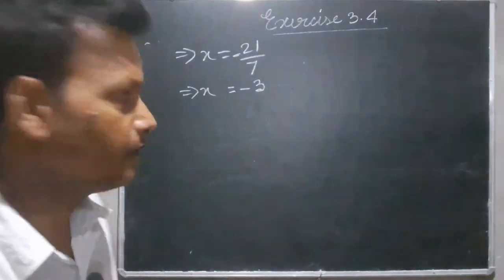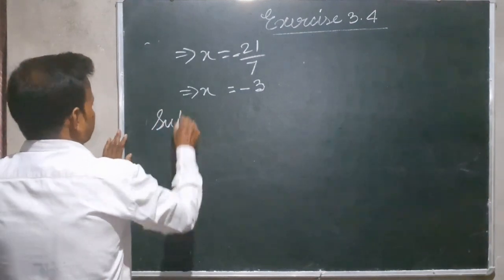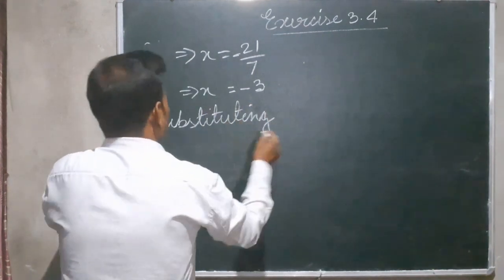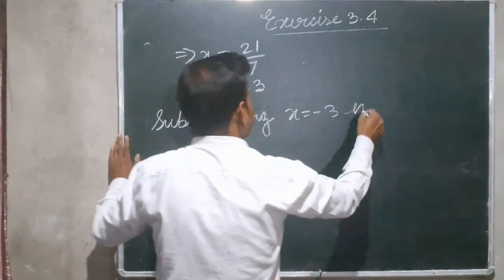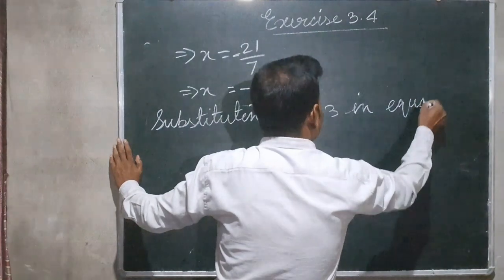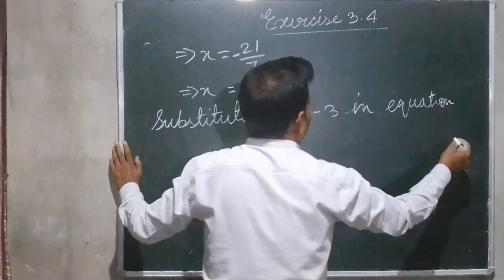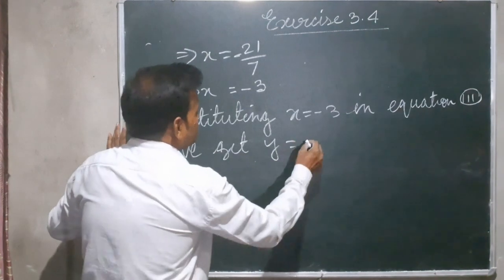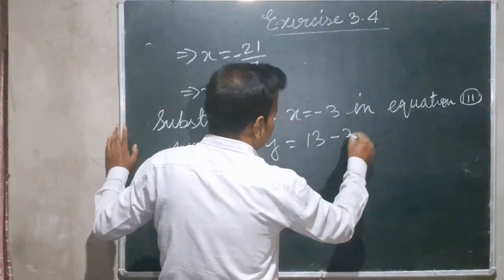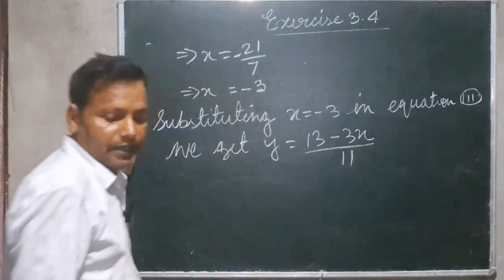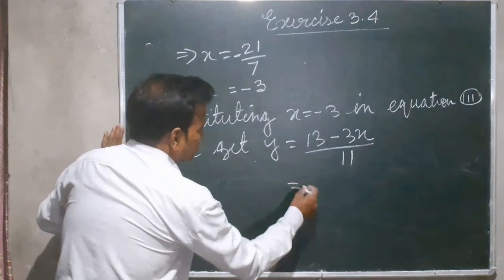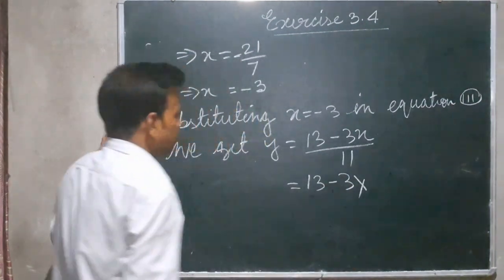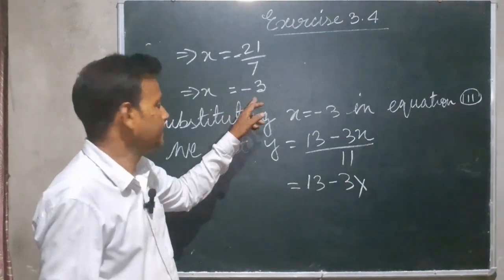Okay, substituting x equals to minus 3 in equation 3, we get y equals (13 minus 3x) by 11. 13 minus 3, the value of x is minus 3.